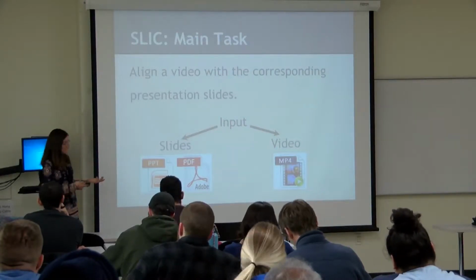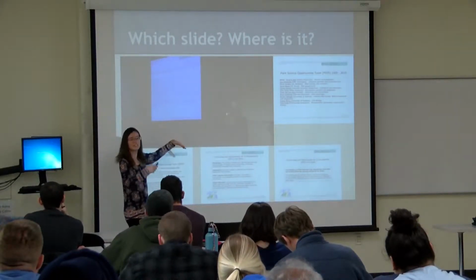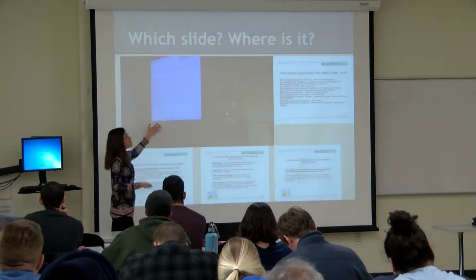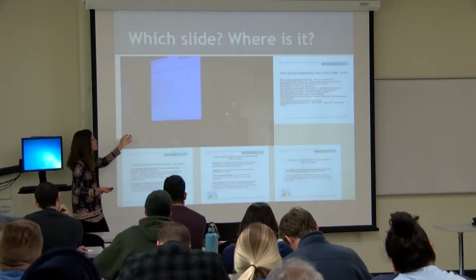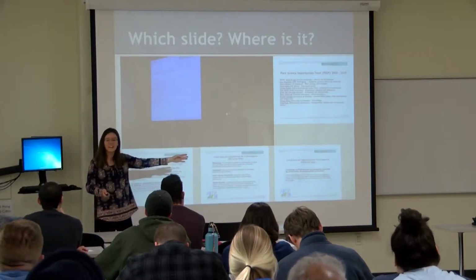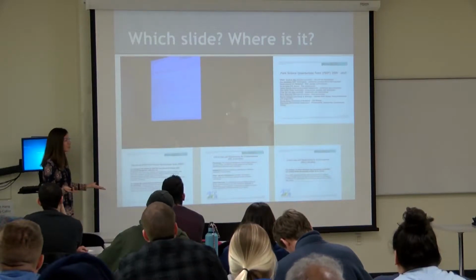Now, the task is kind of tricky because I have a frame, and it's hard to see, but there's a slide and there's a speaker. How do I tell the computer to distinguish the slide that is actually shown in the presentation from all of the other similar-looking slides that are available in that PowerPoint?